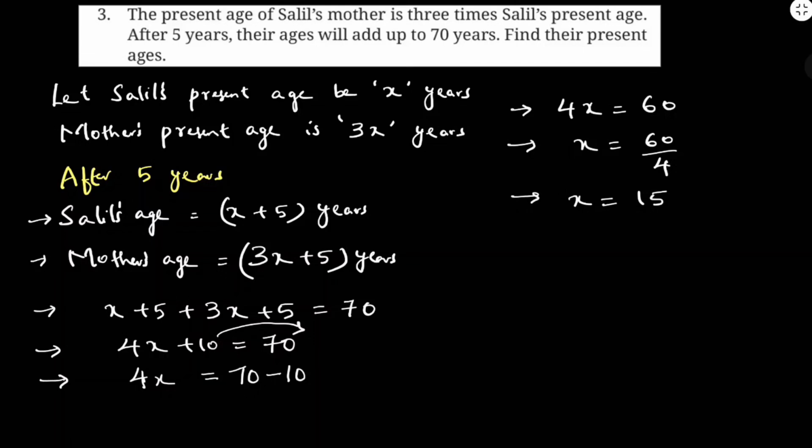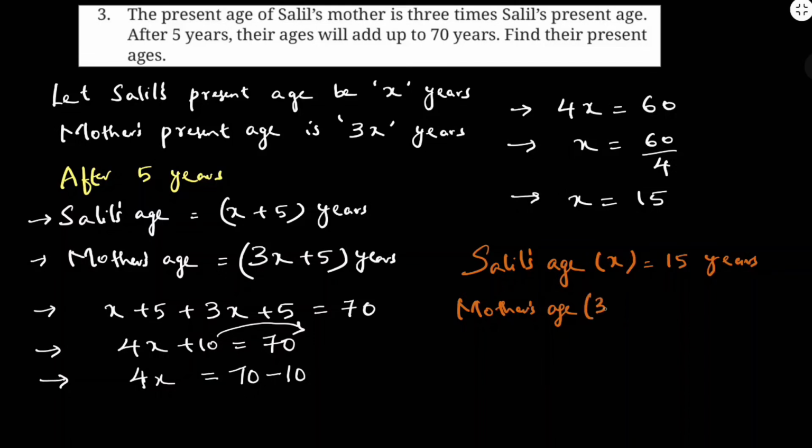So Salil's age is 15 and mother's age will be 45. Now see here, Salil's age we consider as x, so 15 years old, and mother's age, that is 3x.